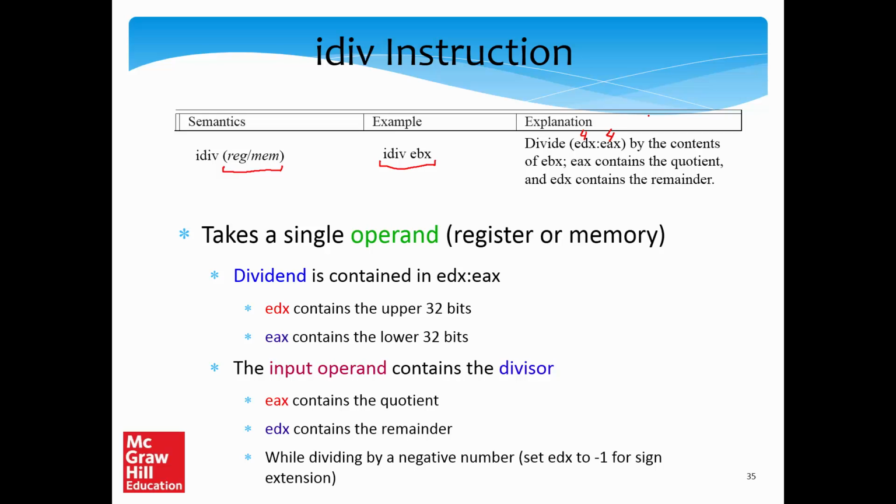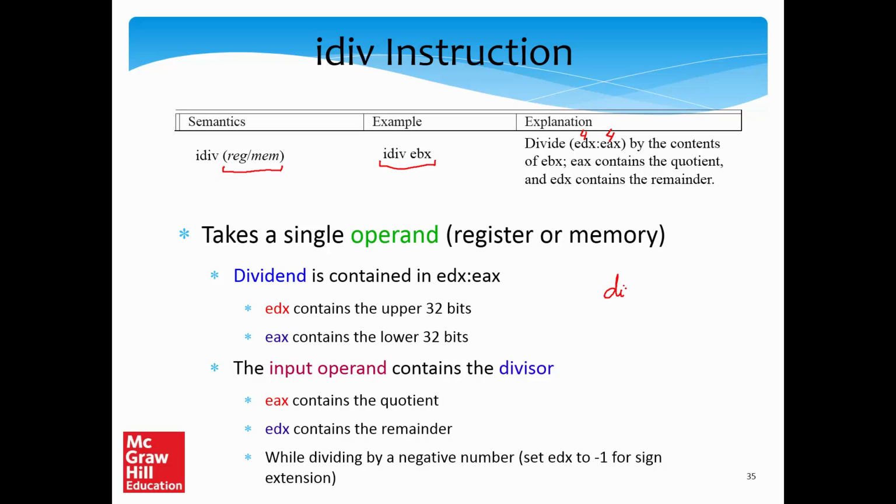So we consider a larger number and divide it by a smaller number. It's an exact analog of the single address form of the IMUL instruction, where we assume that the dividend, the number that we will divide, is an 8-byte number stored in EDX and EAX, with the upper 4 bytes in EDX.